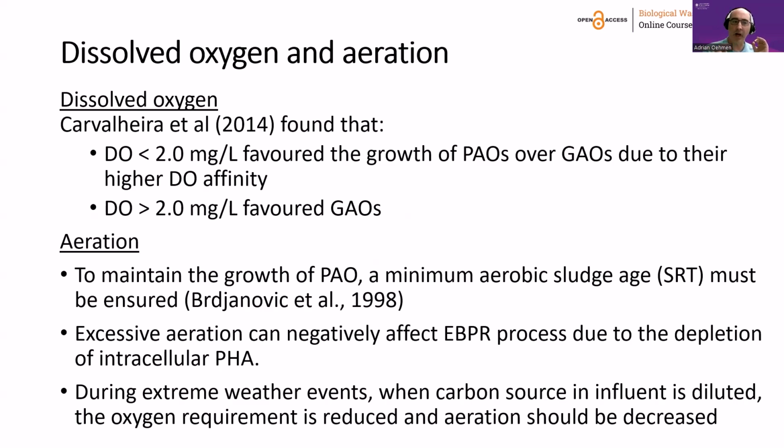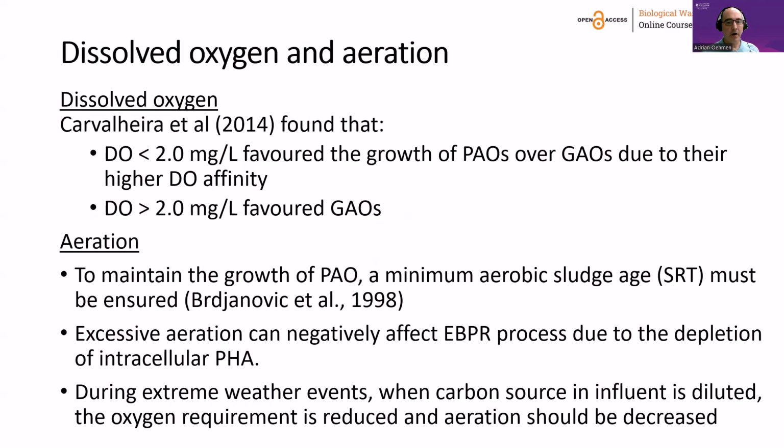So there's a limit to how low you can feasibly go before the kinetics of phosphorus uptake or of nitrification get too slow. So there are other factors that will impact the dissolved oxygen set point that you will choose, but provided that those factors are not being compromised, then lower DO can help favor EBPR.